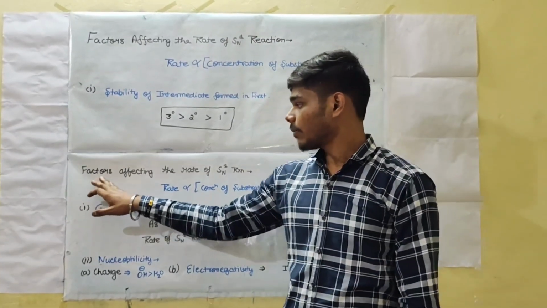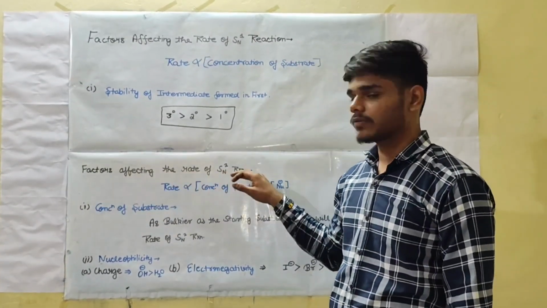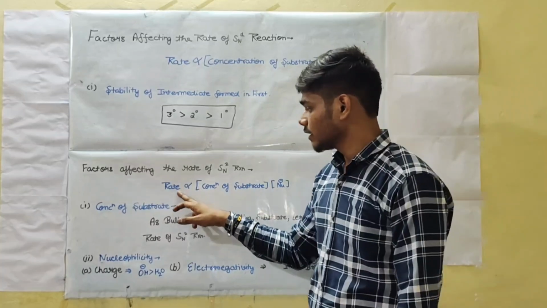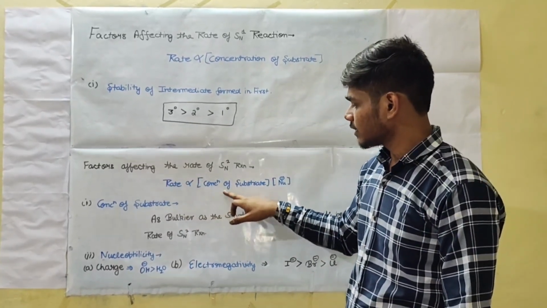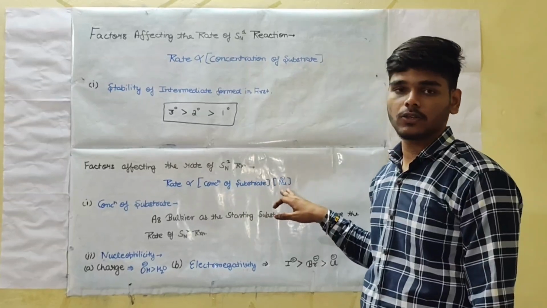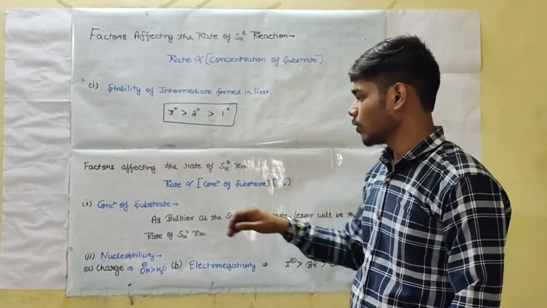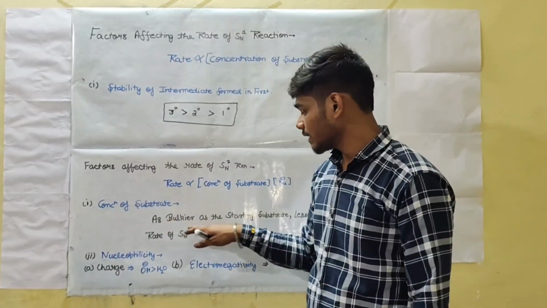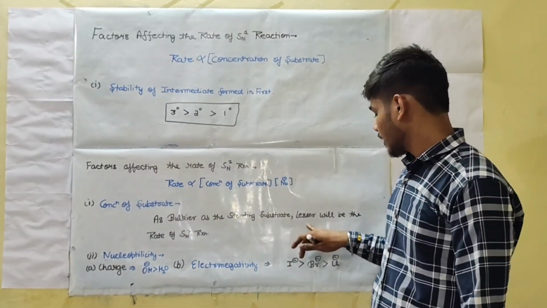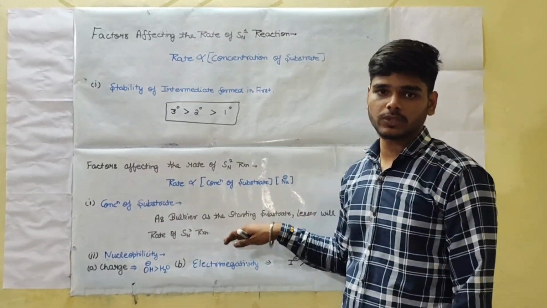Now we look at the factors affecting the rate of SN2 reaction. The rate depends upon the concentration of substrate as well as the nucleophile concentration. The bulkier the starting substrate, the lesser the rate of SN2 reaction.